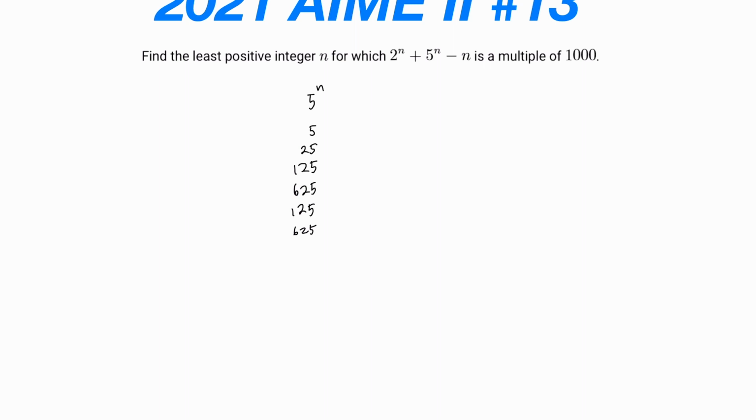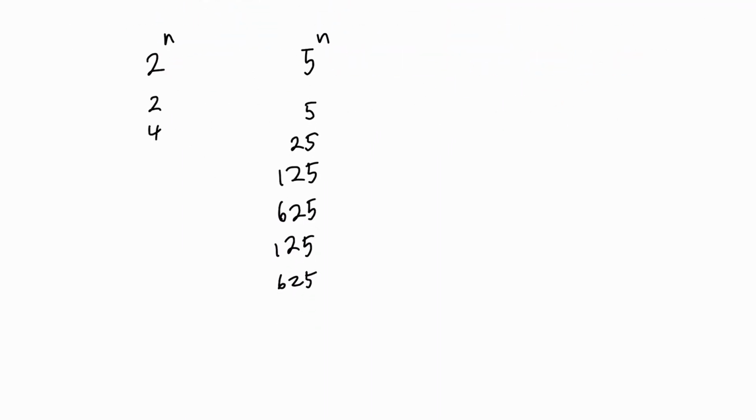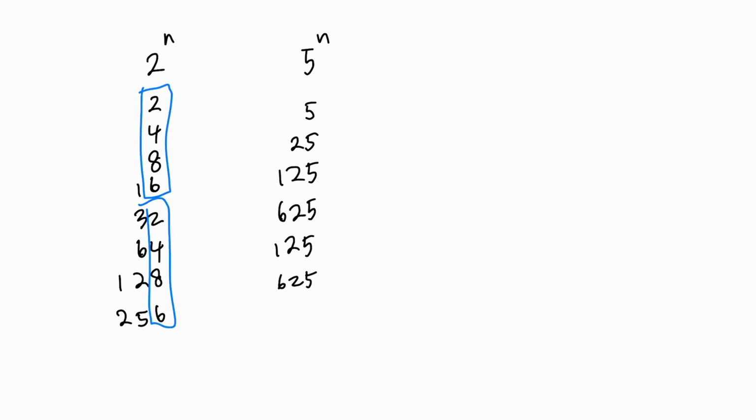Now, in order for us to have the last digit be a 0, we need it to be divisible by 10. So let's try 2^n. We start with 2, 4, 8, 16, 32, 64, 128, 256. If you look at just the last digit, 2, 4, 8, 6, it has a cycle of 4.